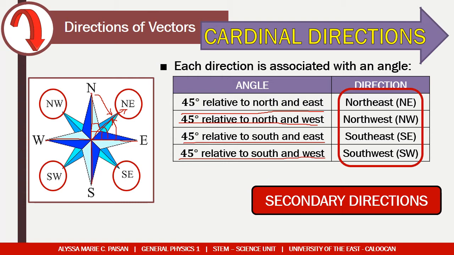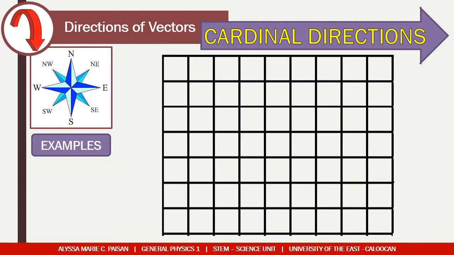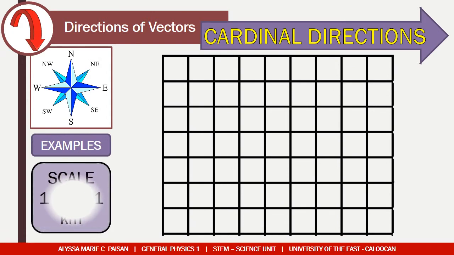Now let's have some examples. Here is our grid line again. And this time, instead of using the squares as our scale, we are going to use a virtual ruler. Every 1 centimeter is equal to 1 kilometer.